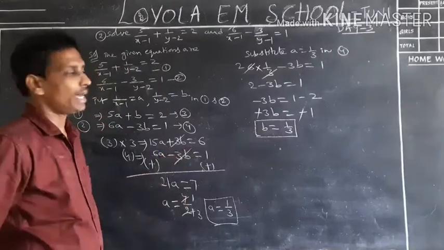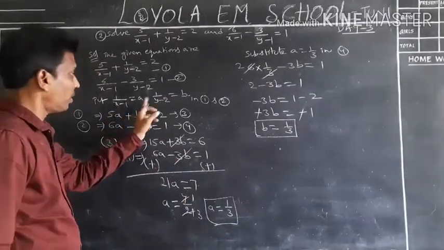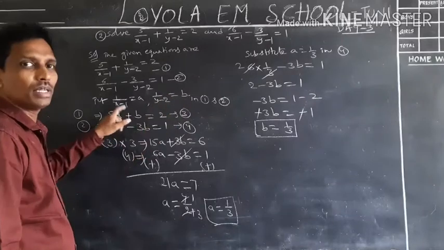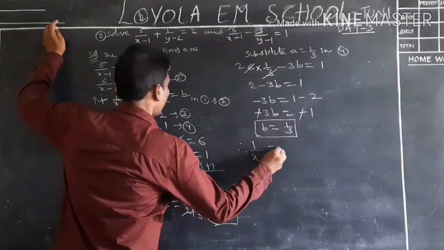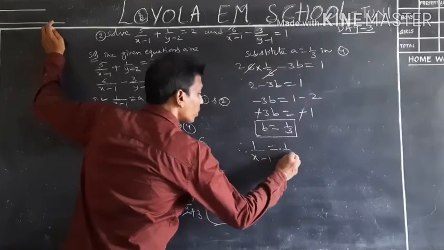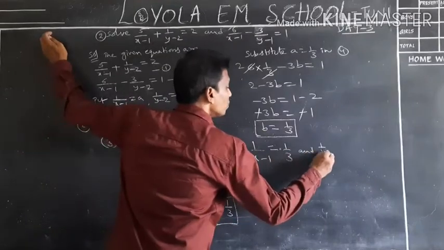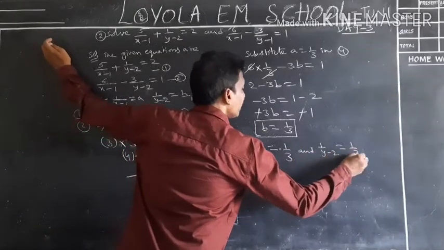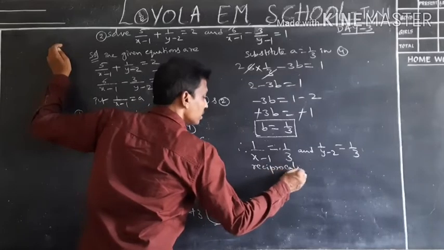So we get the a and b values. Again, we have to equate the a and b values for the substitutions. Therefore, 1 by x minus 1 is equal to a, meaning 1 by 3, and 1 by y minus 2 is equal to 1 by 3. So what will be the reciprocals?